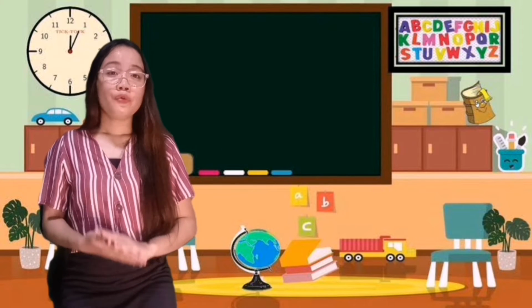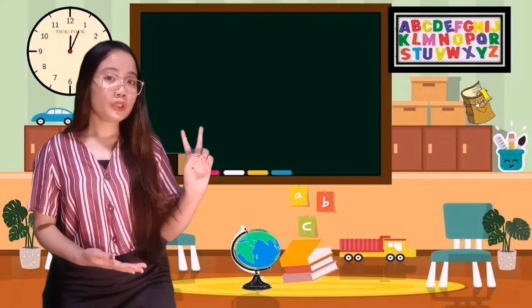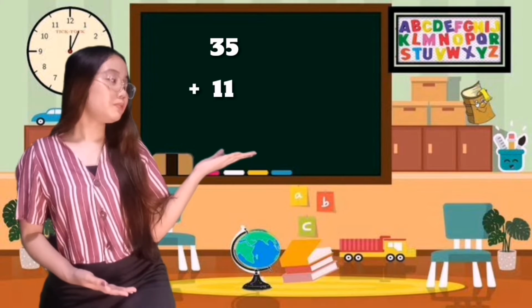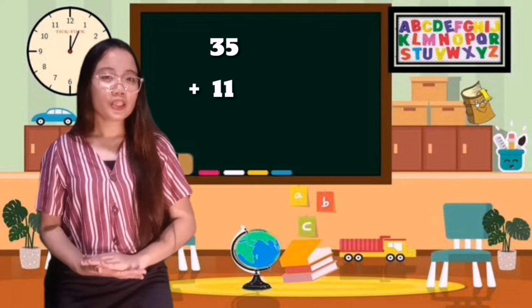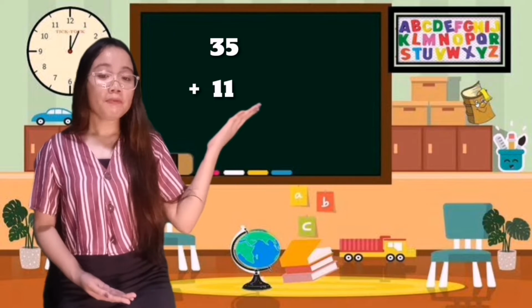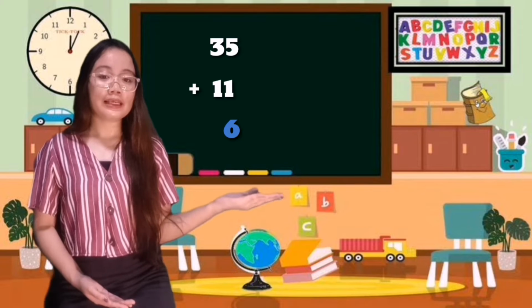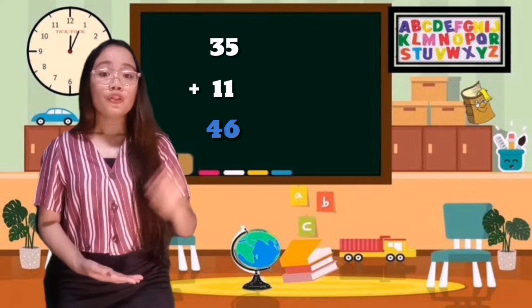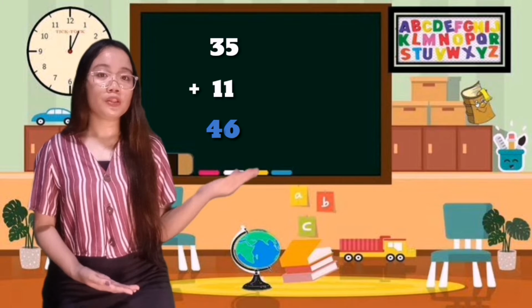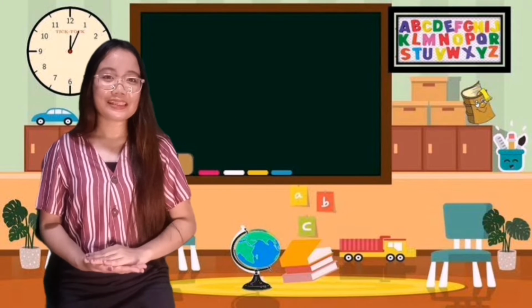Okay class, remember when we are adding 2-digit numbers in this form, we always start with the last digit. Let us try. 5 plus 1 is equal to 6. 3 plus 1 is equal to 4. Therefore, 35 plus 11 is equal to 46.